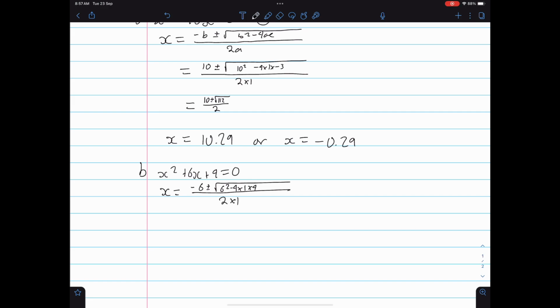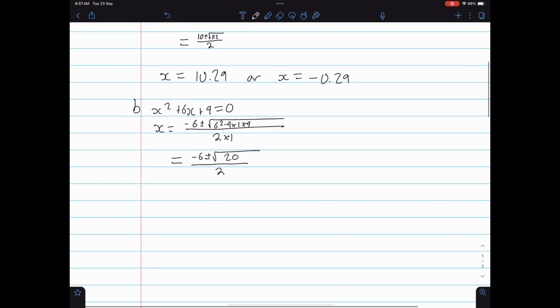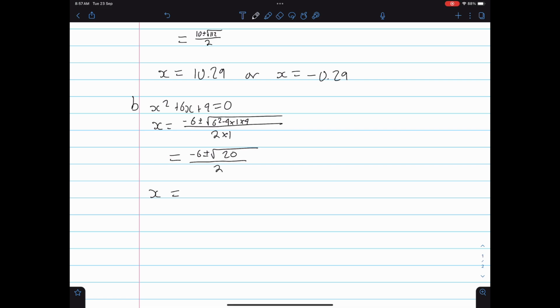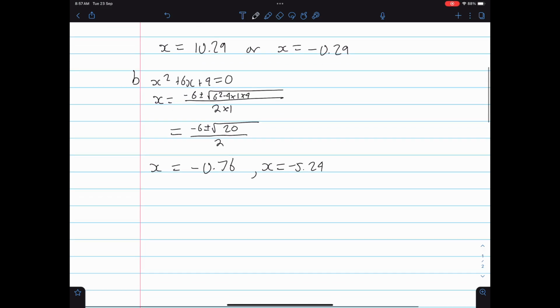And we divide it by 2 times 1. So those are our 2 answers, and again we're doing it to 2 decimal places.